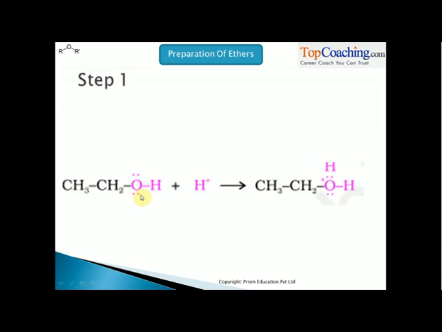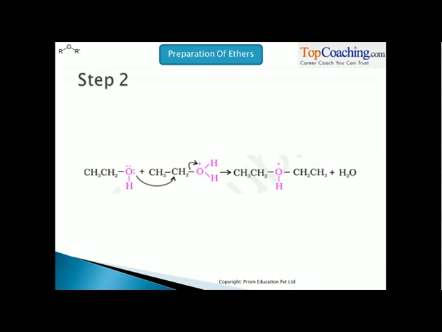Again, the lone pair on oxygen is something which dominates most of organic chemistry. This hydrogen ion comes from the sulfuric acid used as a medium of the reaction. It gets attracted to the alcohol, and this is what we get: CH3CH2 and protonation of alcohol happens. When any molecule gets bonded to a hydrogen positive ion, it is called protonation.